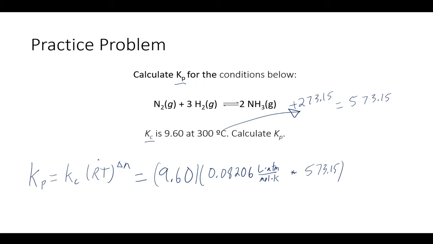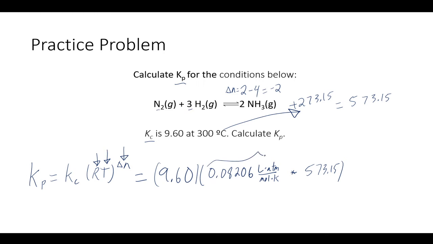And now we've plugged in R, and we've plugged in T with the correct units. We have to plug in delta N, so let's count up. Everything's a gas here, so there's nothing we have to ignore that's a solid, liquid, or aqueous. We just take moles of product, so 2, and subtract moles of the reactants, 3 and 1, so that's 4. 2 minus 4, our delta N here is -2.